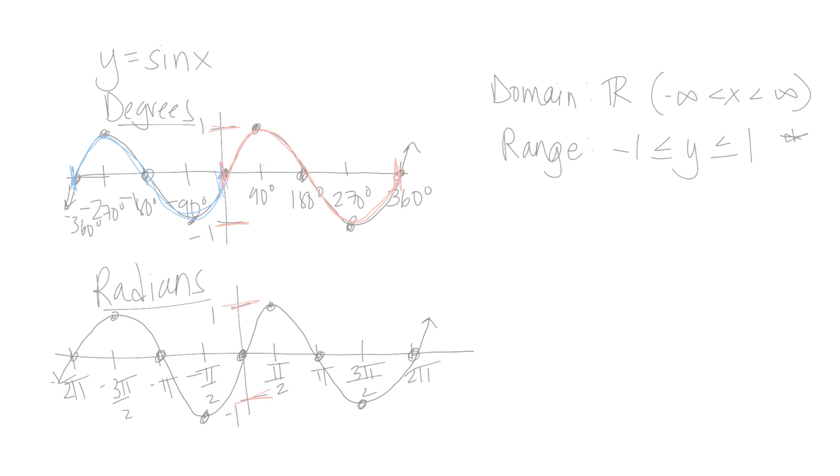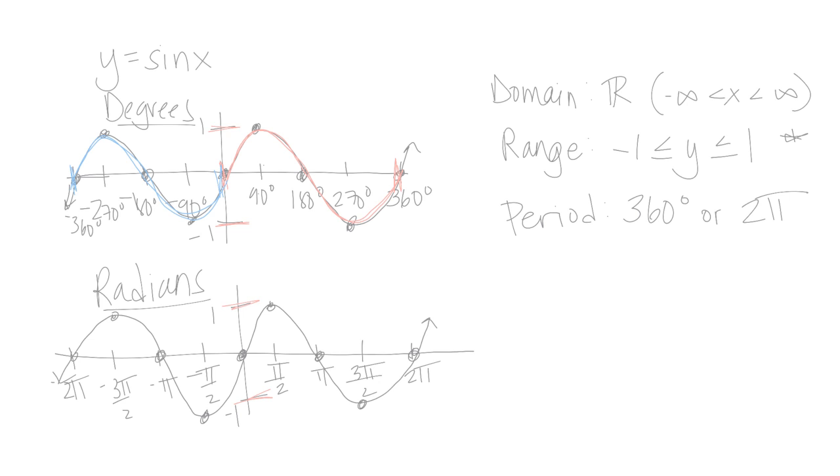So the period is equivalent to how long it takes to complete 1 cycle. So in this case, it takes 360 degrees or 2 pi. And I'm going to give you notes on period and the rest of the things I'm talking about here. For now, you need to write down what it is for each of the parent graphs.